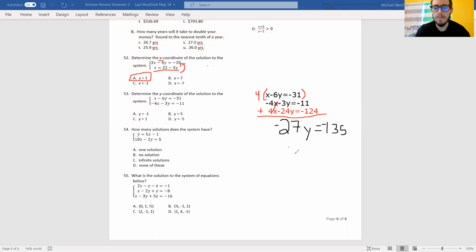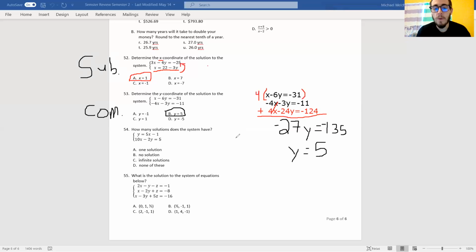When I divide those, I'm pretty sure I'm going to get y equals 7. Or, I'm sorry, maybe it's 5. 135 divided by 27 is 5, yeah. So that gives me y equals 5, and that is exactly what this question was looking for. So I eliminated the x variable by multiplying by 4. I used linear combination. The first one is substitution; this one is elimination or combination.